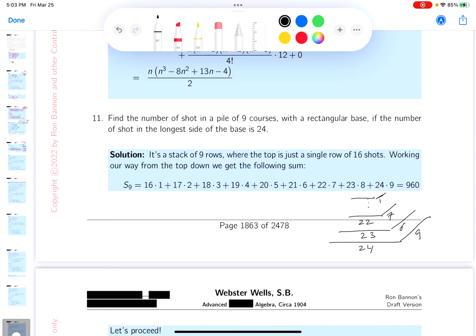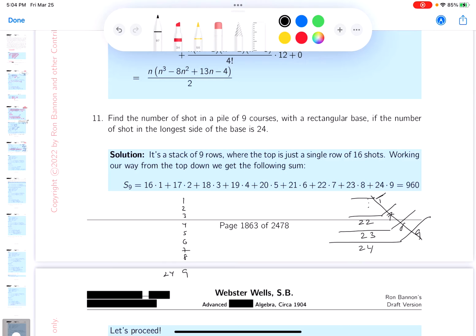Right? So let's go back, 24, 23. Well, maybe I should write this down. So it's 1, 2, 3, 4, 5, 6, 7, 8, 9. Now let's count back on the 24.